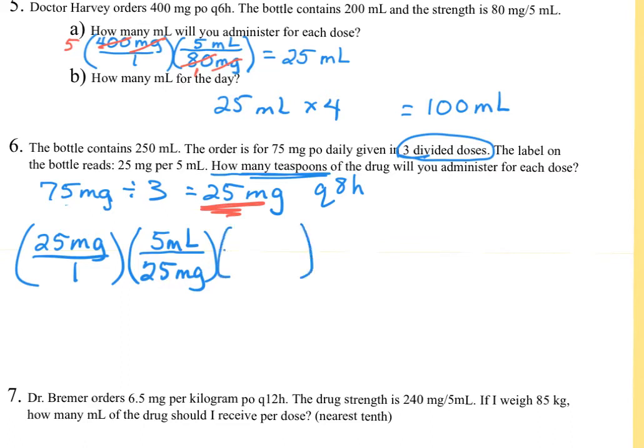So we have to convert 5 milliliters to teaspoons, because 1 teaspoon equals 5 milliliters. And interestingly enough, everything cancels. So we have 1 teaspoon for each dose, given 3 times a day, 8 hours apart.